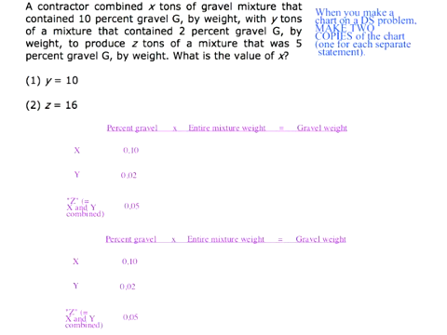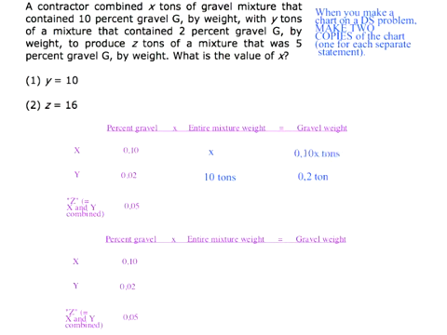So, okay. In statement 1, we know that Y is 10 tons. So that means that the gravel weight is 0.2 of a ton. And then X is X, and that is 10% gravel.